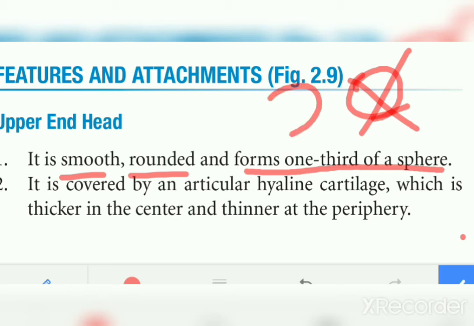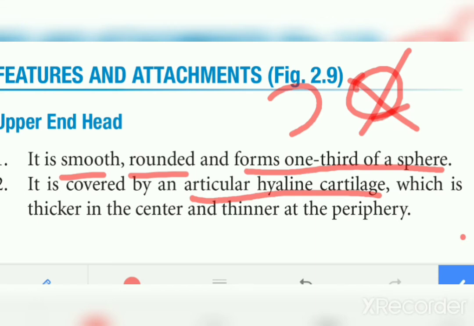It is covered by articular hyaline cartilage, as the head forms a joint with the glenoid cavity of the scapula, called the glenohumeral joint or shoulder joint. When there is a joint, there must be an articular cartilage.